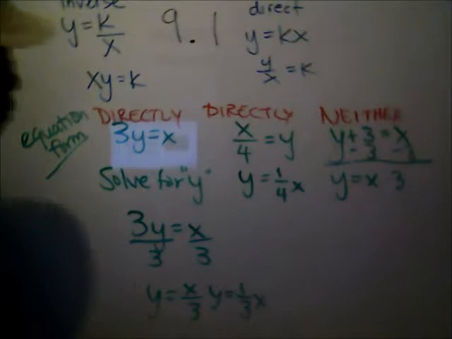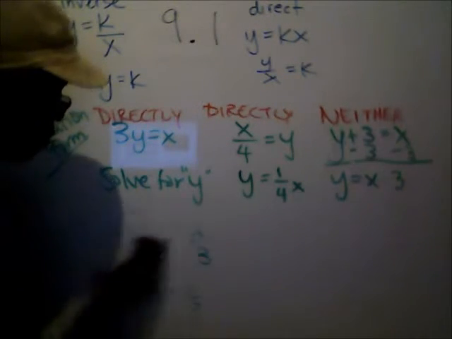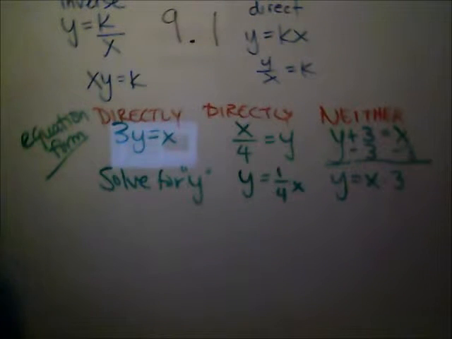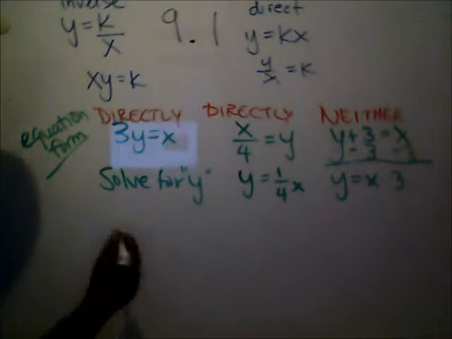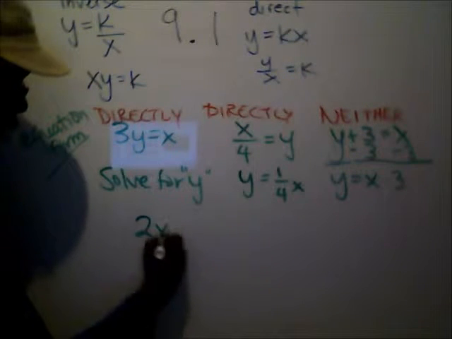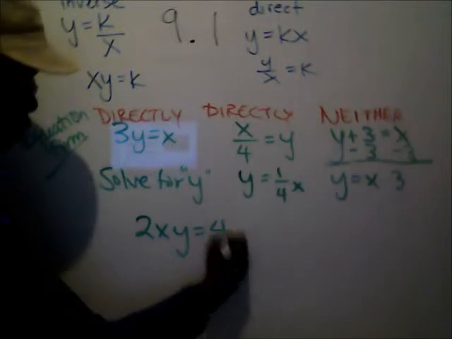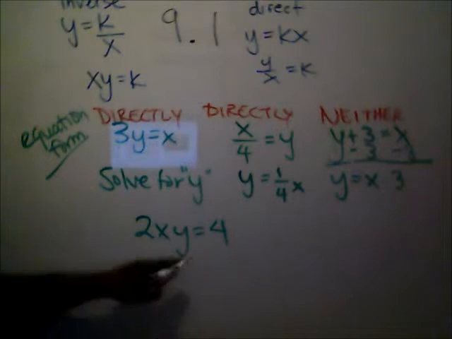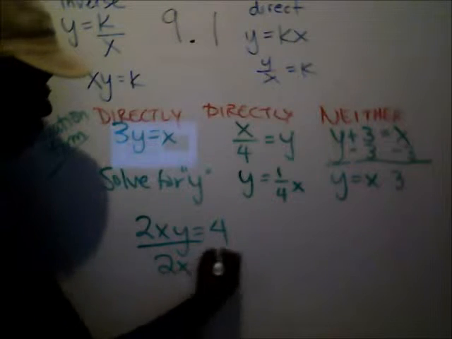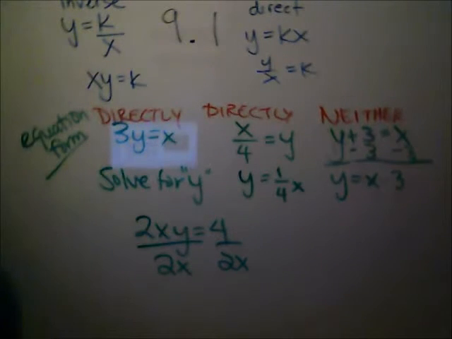So let's look at one that may be an example for inverse. So what would an inverse relationship look like? Because we did two direct relationships. We would have something like, let's say we have 2xy equals 4. Okay. Well, we want to get it into y equals. So we're going to just divide both sides by 2x. We just want the y by itself on the left.